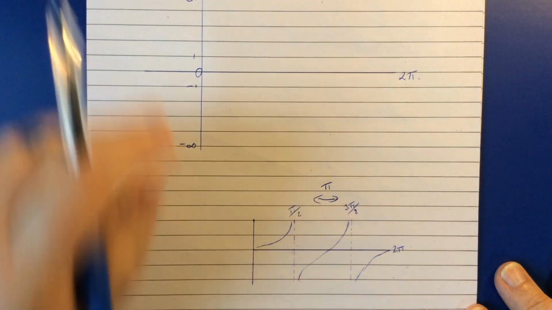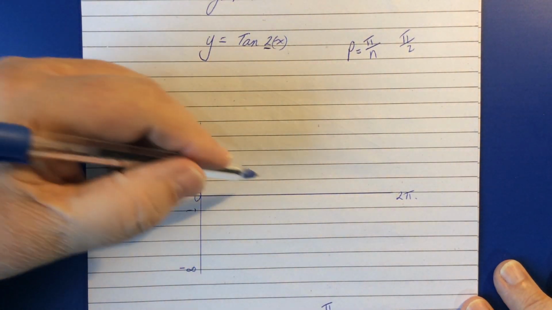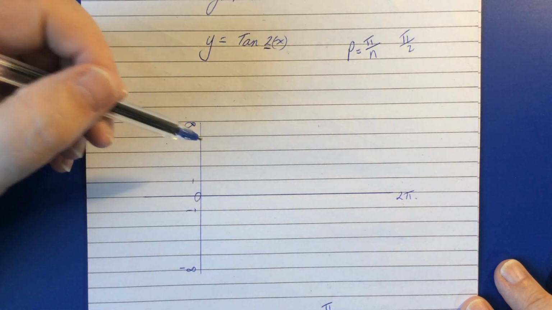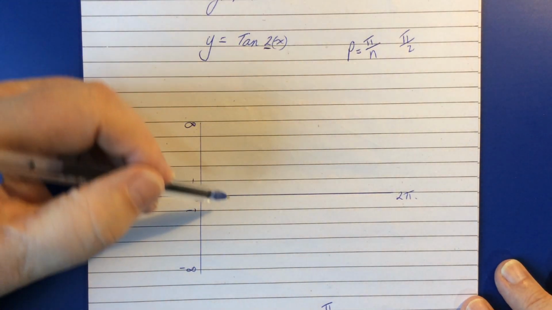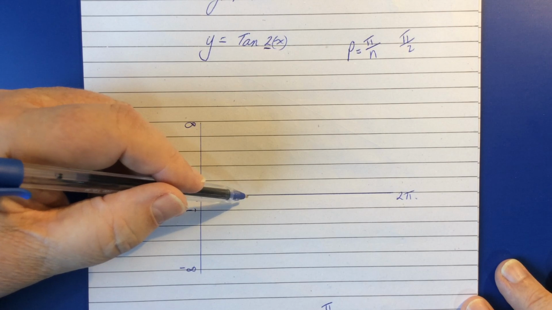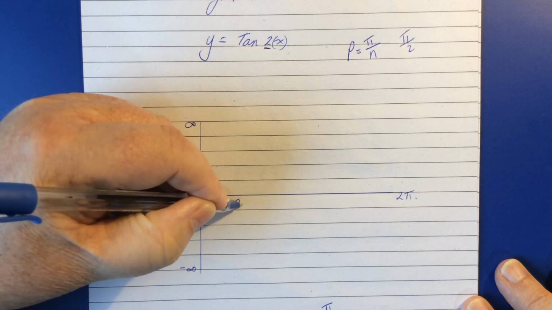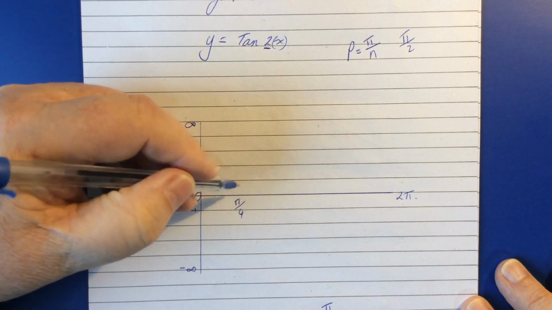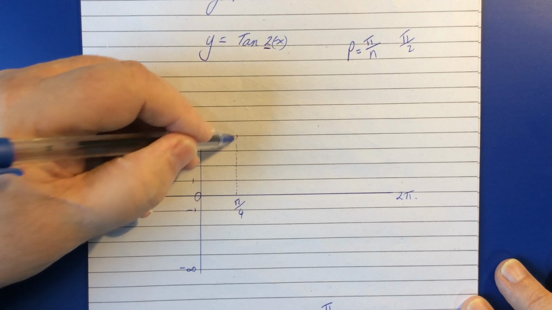So the effect of making the period pi on 2 is going to be that the asymptotes come closer together. And so the asymptote that would normally have been at pi on 2 is now at pi on 4. The distance is halved.